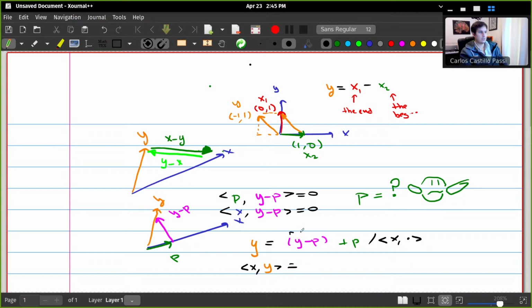This is also called the residual. The residual is orthogonal to the space. That means that you'll have a 0 here, and then you'll add p.